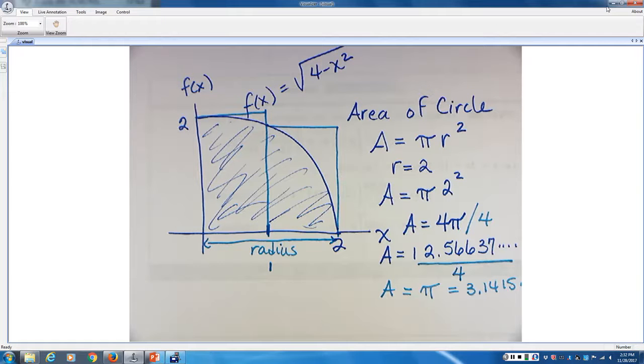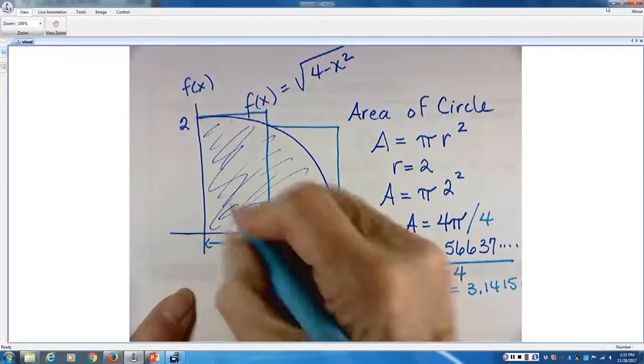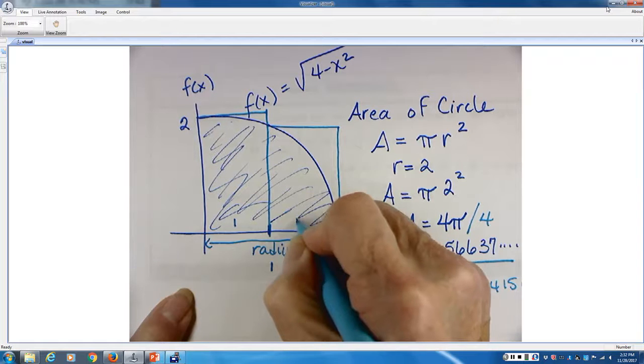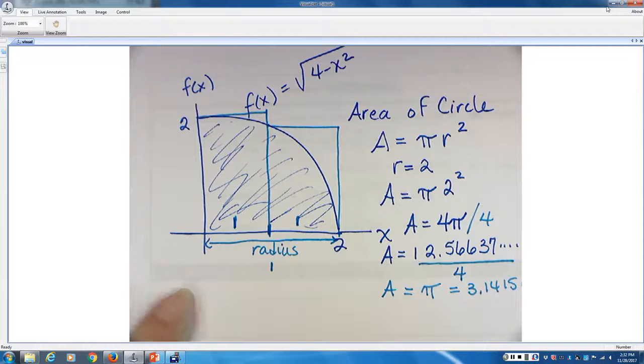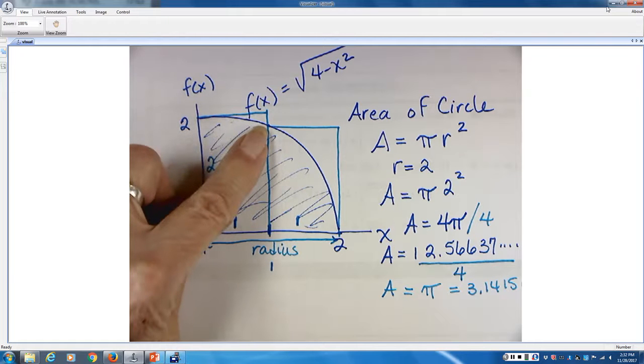If I were to calculate the area of these, both of these are 1 unit wide. This one's 2 units tall, but the question is, what would be the height of the second rectangle?